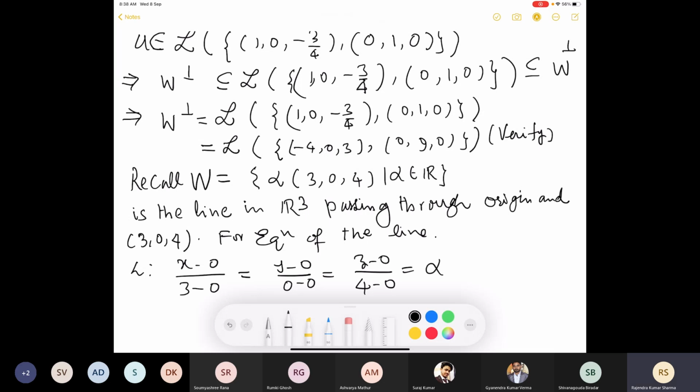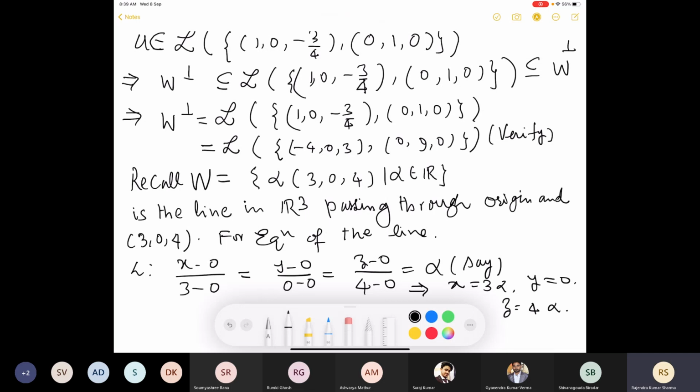So say this is alpha. So this gives you that x is 3 alpha, these are the direction ratios 3, 0, 4 if you want to say, and then z is 4 alpha. So y actually is alpha.